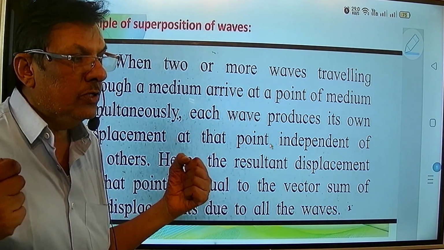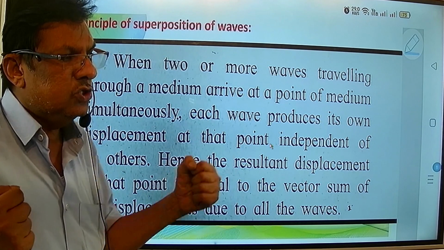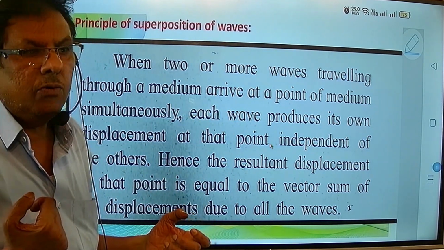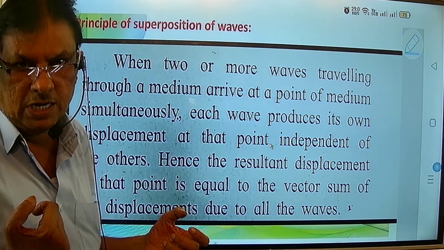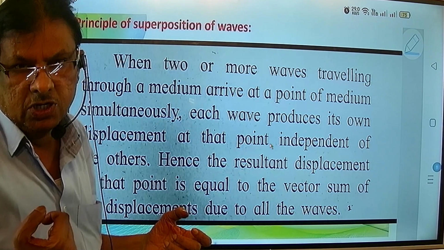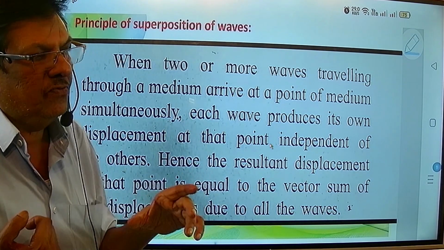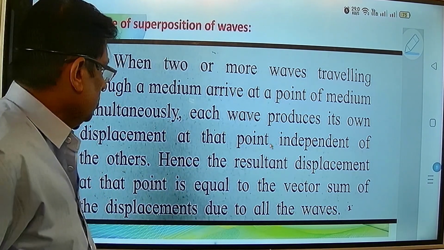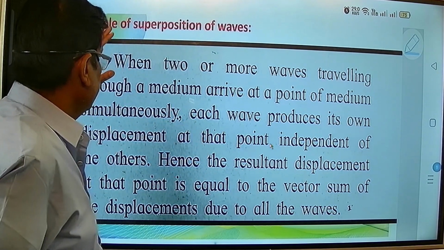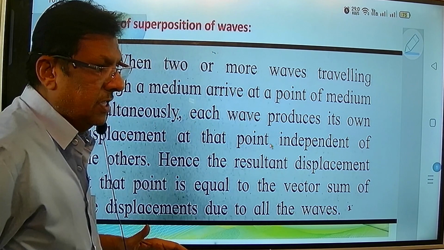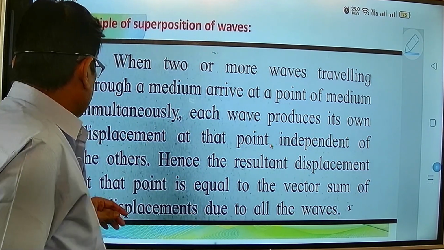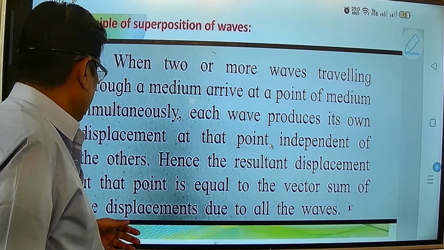Now we are going to take the resultant of these 2. One is coming from Pune, one is coming from Manmad, and if I calculate the total displacement, it is the vector sum of the 2 displacements, 120 plus 150, that is 270 kilometers. This is due to the superposition of waves, when those 2 trains meet at the point Ahmednagar.